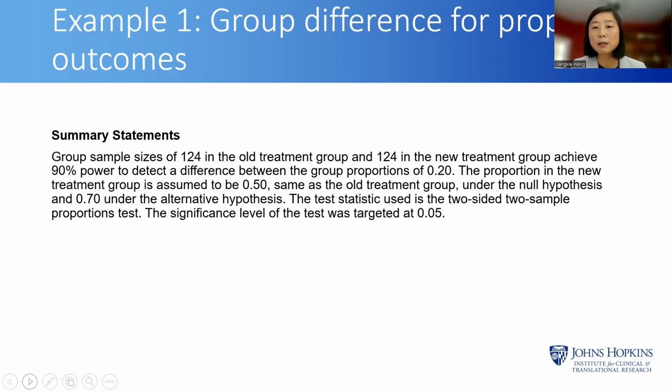The test statistic used here is the two-sided two-sample proportions test, and the significance level of the test was targeted at 0.05. I'm providing this statement here so that if you have a similar sample size calculation, you can include it in your grant proposal. This statement includes all the key parameters and the assumptions you made in the sample size calculation.